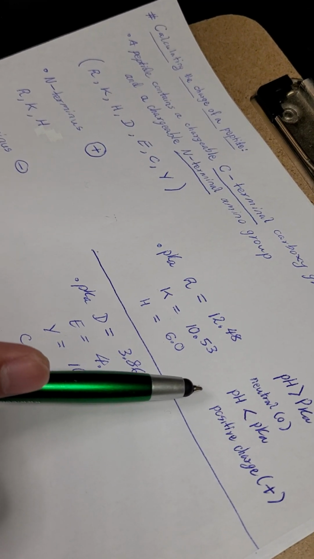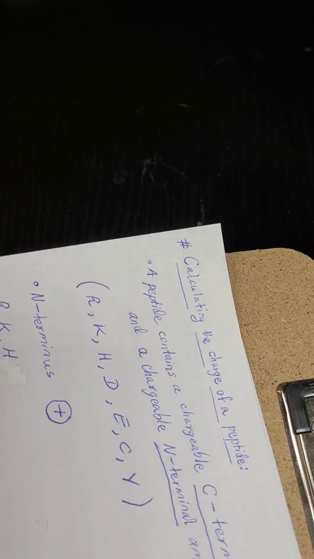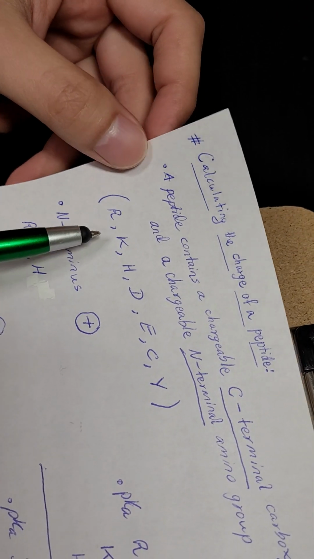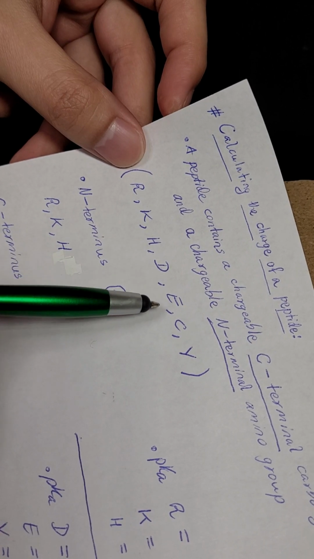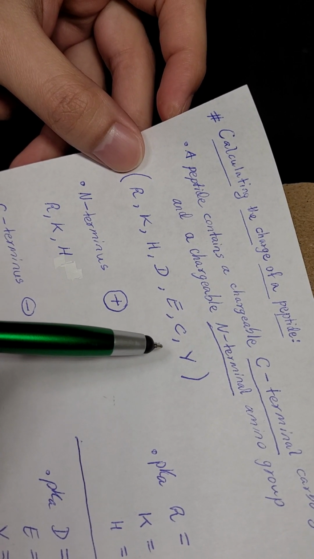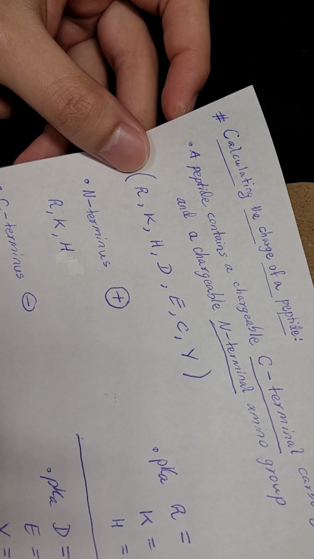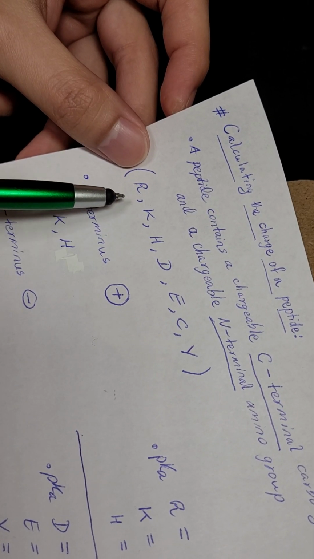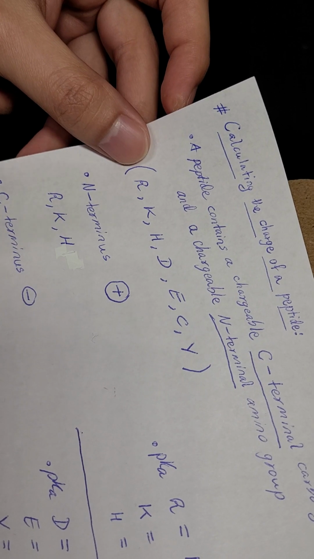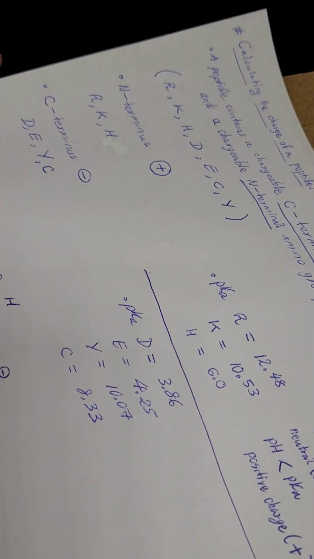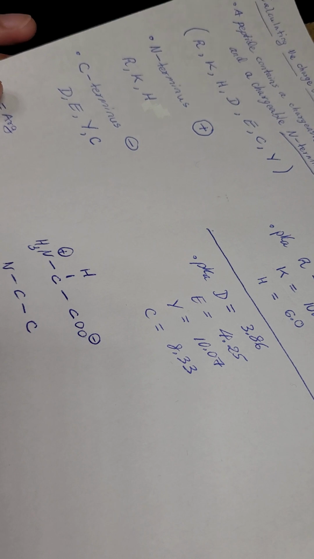In calculating the charge of a peptide, we use only 7 letters: R, K, H, D, E, C, Y. If they give us another letter not in this list, you don't need to count it. I will show you in the example. Let's continue with the C-terminus.